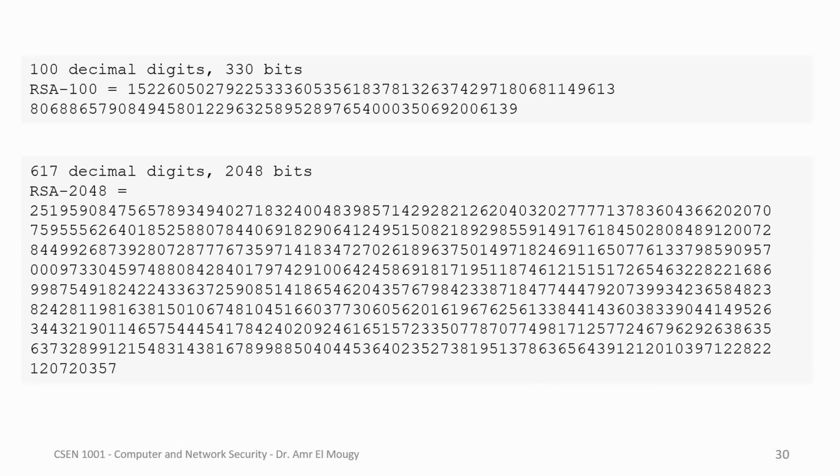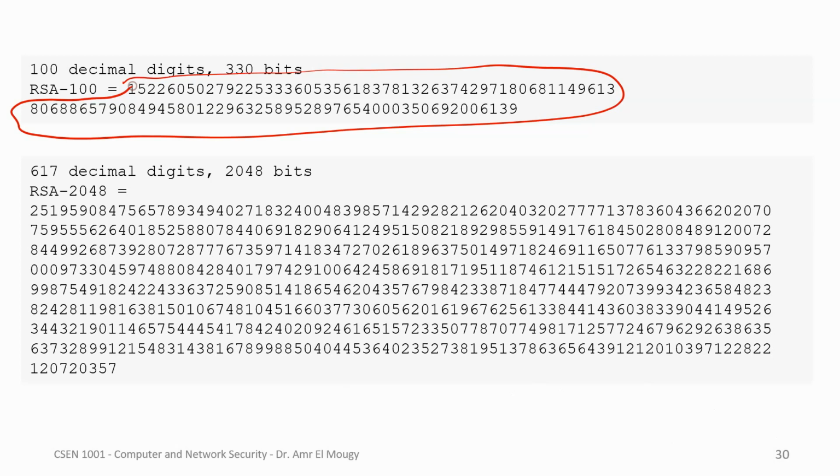This figure here shows different values of RSA, so RSA 100. This entire thing here is a single number. And for RSA 2048, the modulus, or n, has 617 decimal digits, and this entire thing here is one number. So this shows you how big a number should be for the algorithm to be secure.